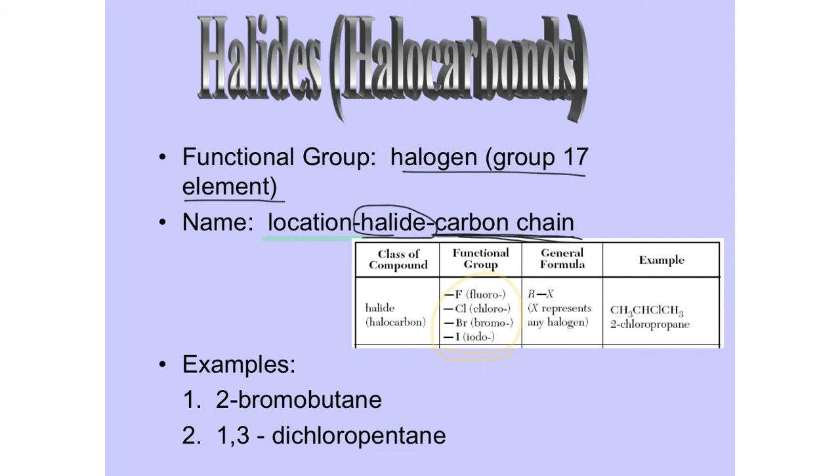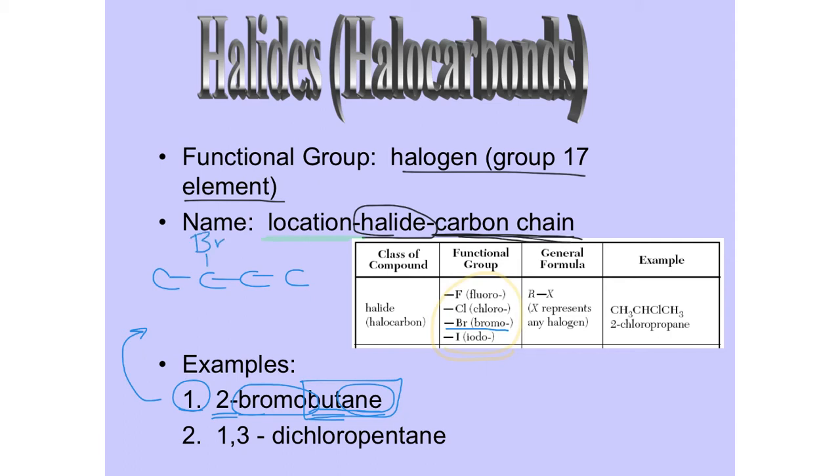All right, so our first example is going to be 2-bromobutane. So we do the same thing where we start at the end of the name, specifically with how many carbon atoms you have. So the prefix but tells us we have 4 carbon atoms, and ane tells us we have single bonds. So that would be butane. Then we have bromo. Bromo tells us that we have a bromine atom, and that bromine atom is going to come off of the second carbon.